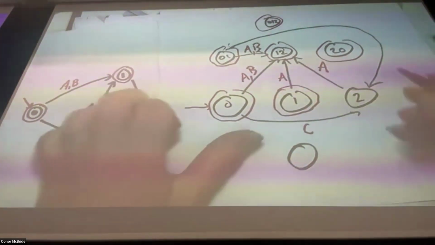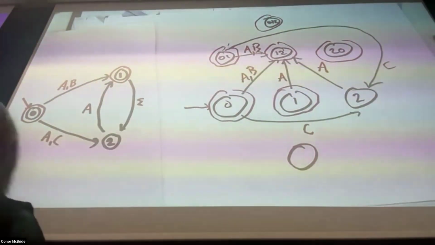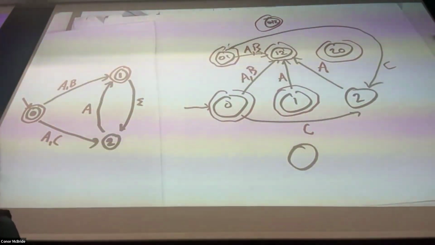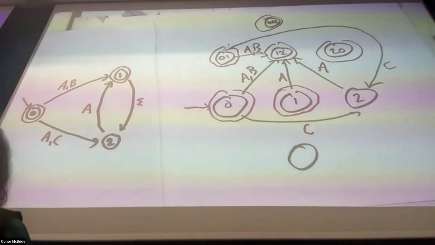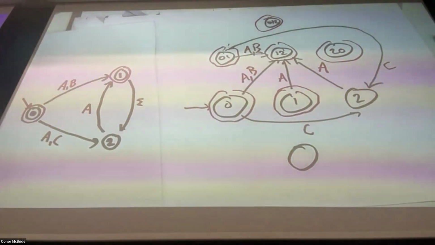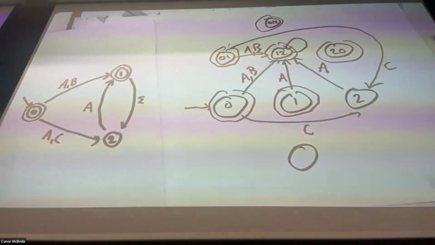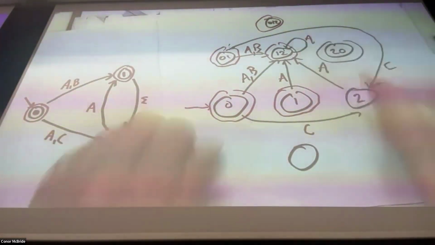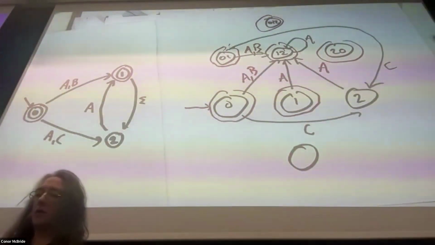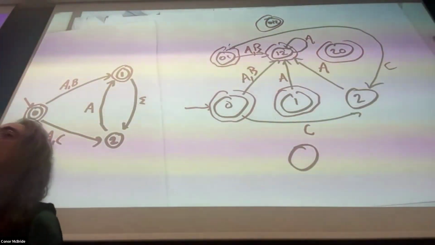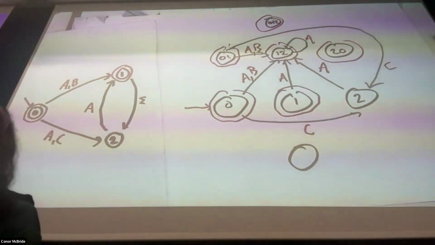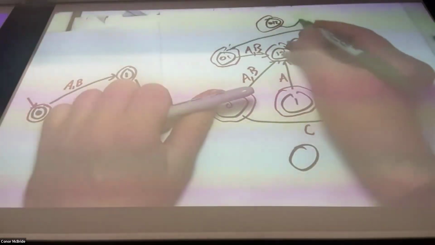Let's see. If I'm in 1 or 2, the only thing that can happen is I can get an A and go to 1 or 2. And if I'm in 0, 1 or 2, and I get an A, a B, or a C, guess what, folks?